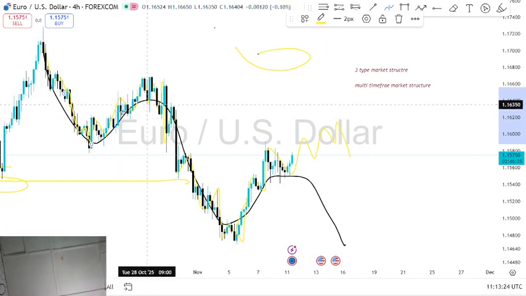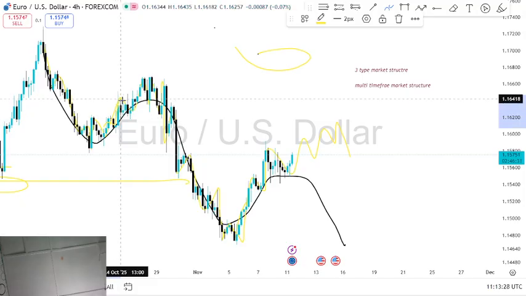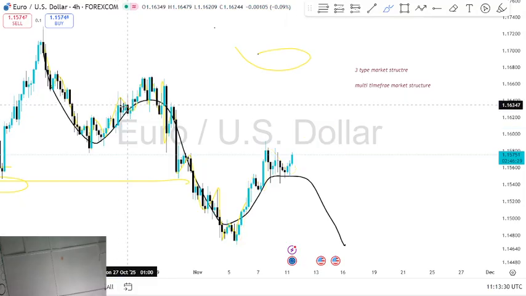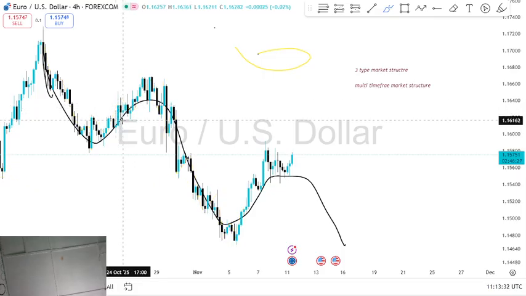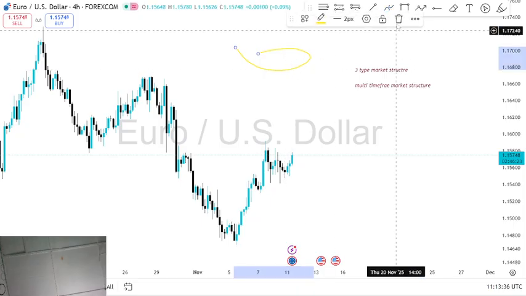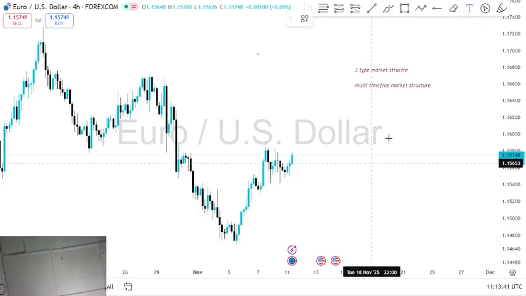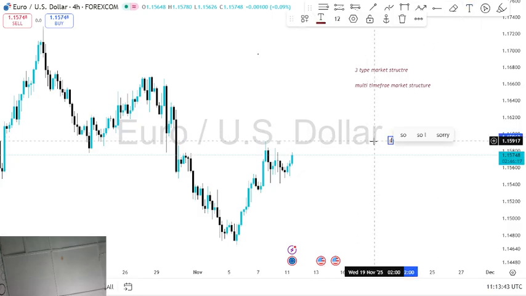Even within the internal structure, we have this pullback continuation. Okay, it is not much clearer, but let's keep this in mind that within the three type structures, we have swing, internal, and fractal structures.